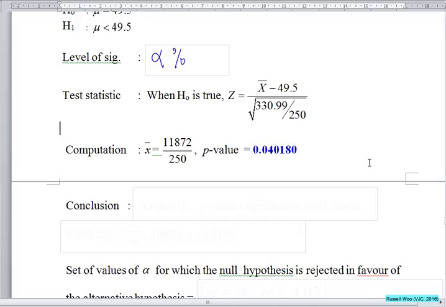Then how do you find the set of values of alpha? If we follow the same process, you know the conclusion is rejection of H0, given in the question. So to reject H0, the p-value must be greater than or smaller than or equal to, you fill in yourself.